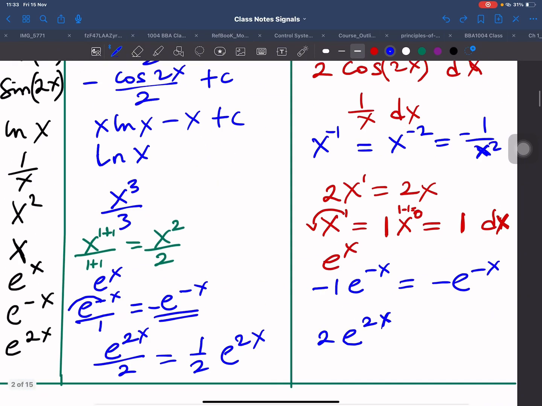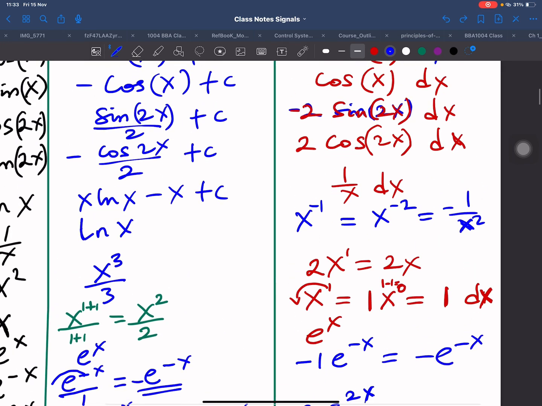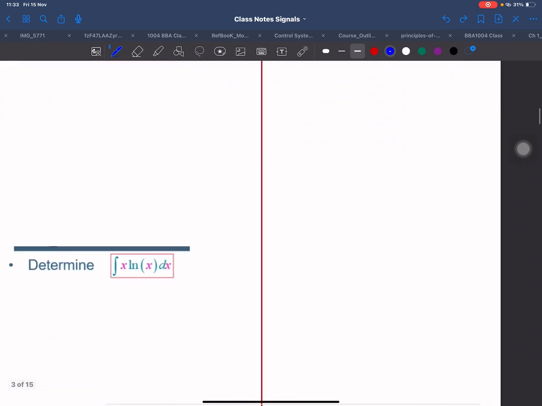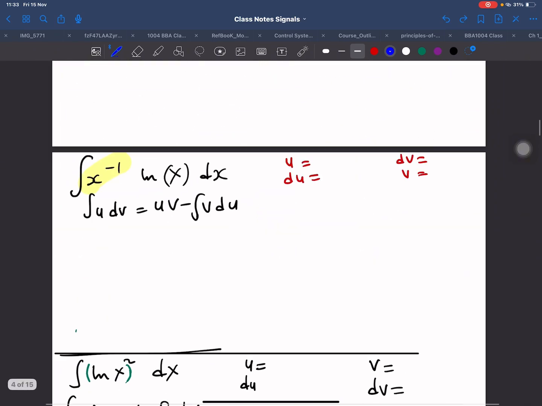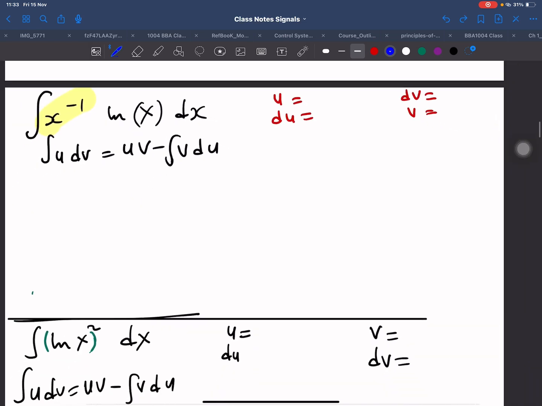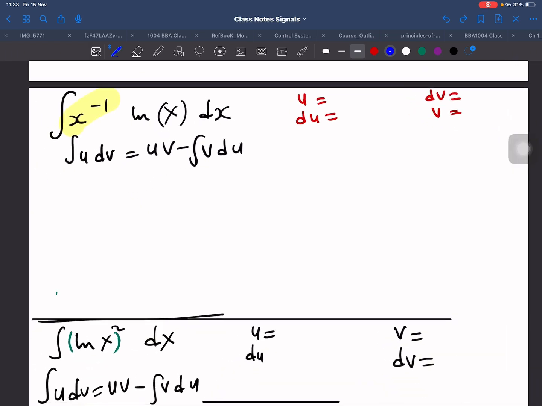Just like we did here. So we're going to continue with this one. The integral of x raised to power minus 1 ln x dx. So like I said, whenever you see ln x, make it your u. So our u here is equal to ln x.